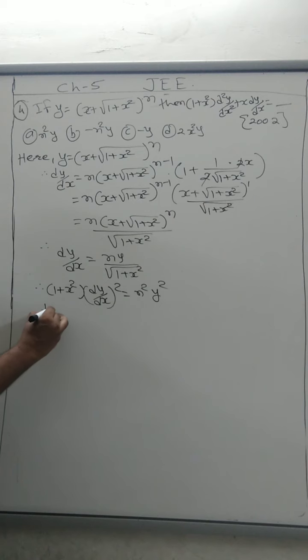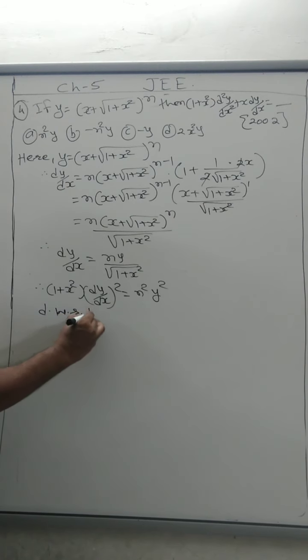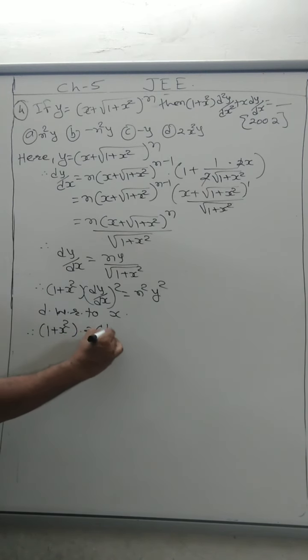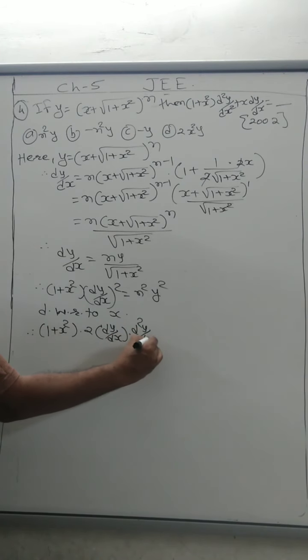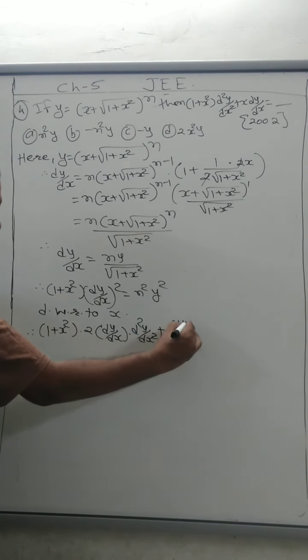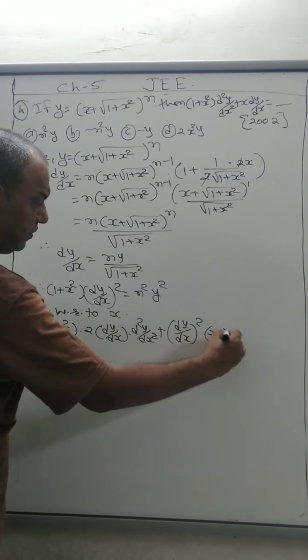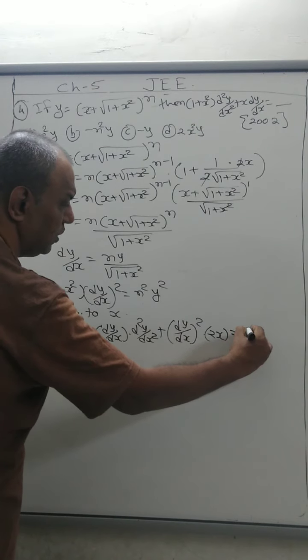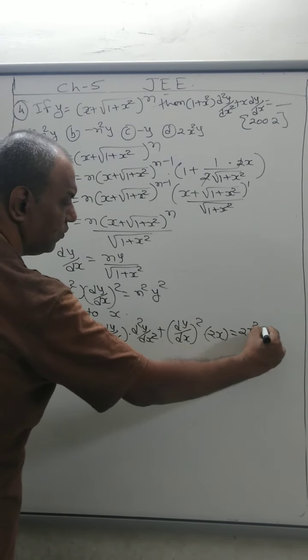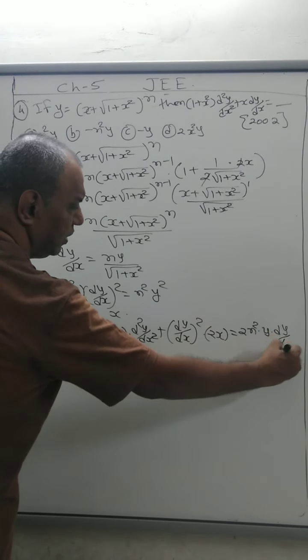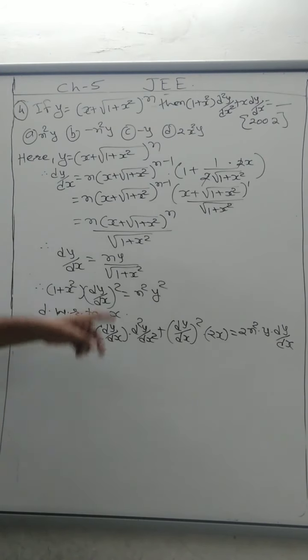Again we differentiate with respect to x. We get first as it is, derivative of second, d square y upon dx square, plus second as it is, derivative of first is 2x, is equal to 2n square into y dy upon dx. So now one dy upon dx is removed, 2 is also removed.